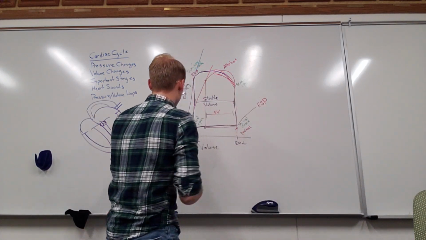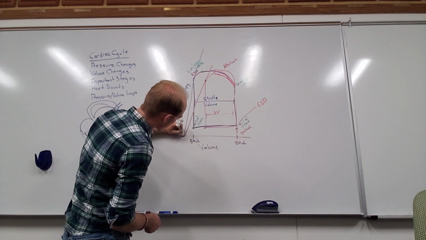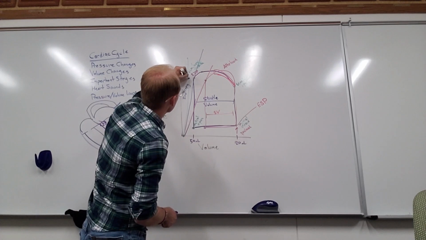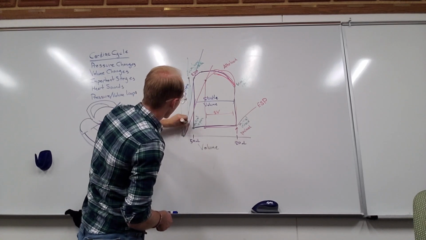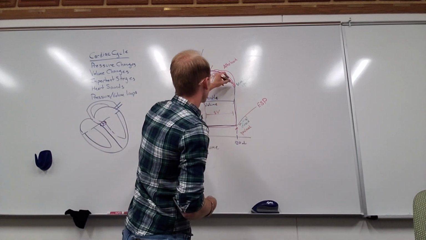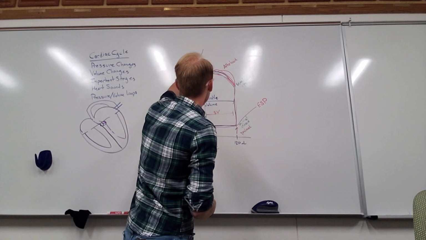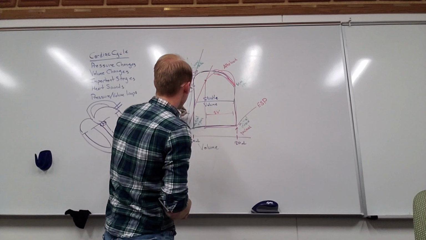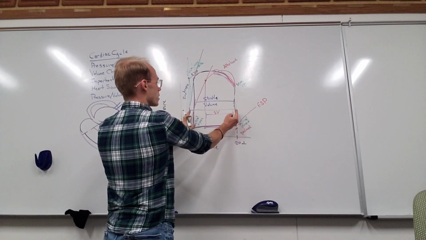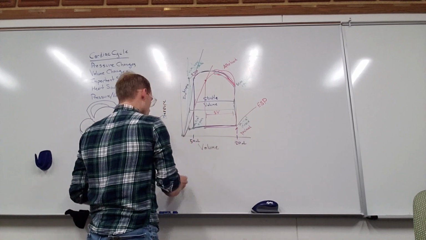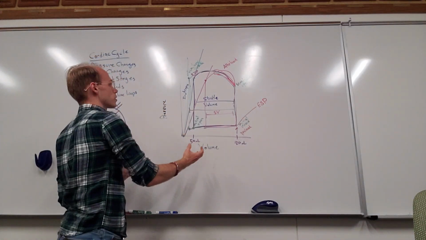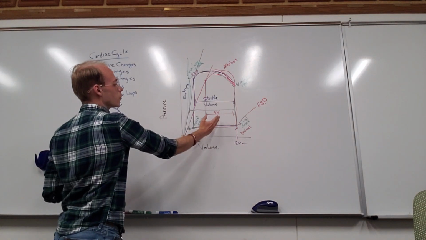But if I were to increase how strongly the heart contracts, say I start here, go over, same thing over here. Now you can see how I've increased my stroke volume. So changing the inotropy of how strongly the left ventricle contracts will change my stroke volume.